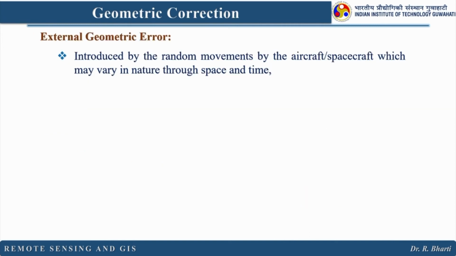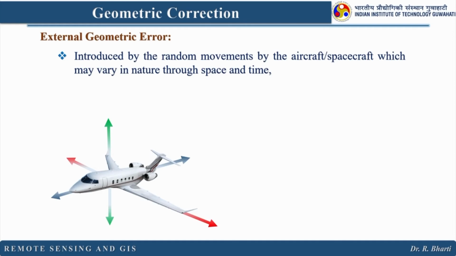It is introduced by the random movement of the aircraft or a spacecraft, which may vary in nature through space and time, right. So, that is the definition of randomness. Here you can see there is a plane, in the case of airborne remote sensing, or you can consider a satellite here instead of this aeroplane.